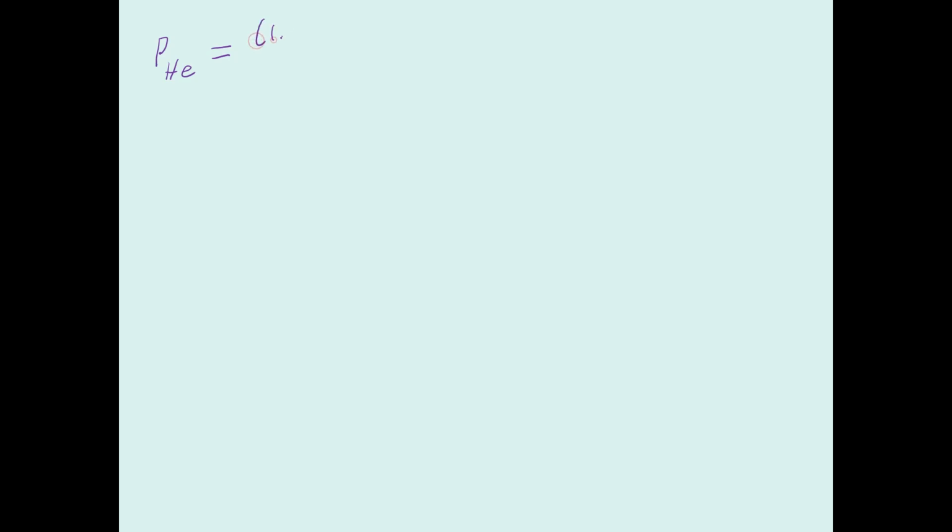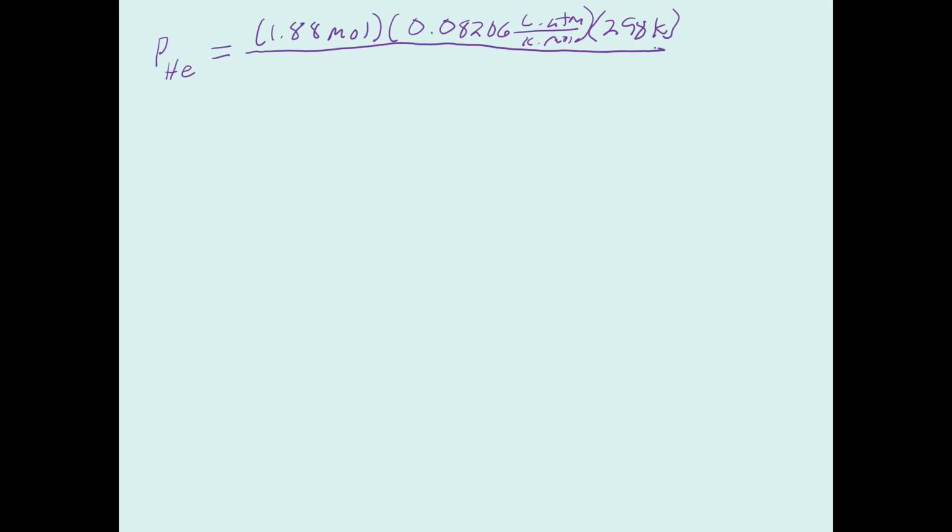We're going to take the 1.88 moles of helium that we calculated times the gas constant times 298 Kelvin and divide that by 5 liters. If we work that out, it comes out to 9.2 atm, the new partial pressure for helium.